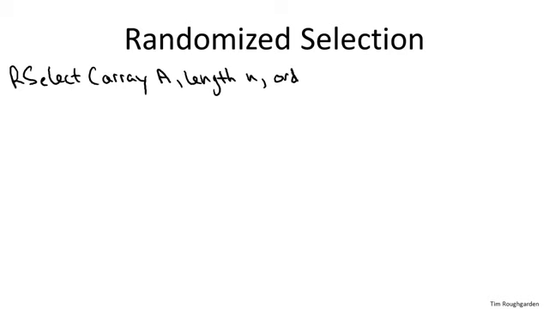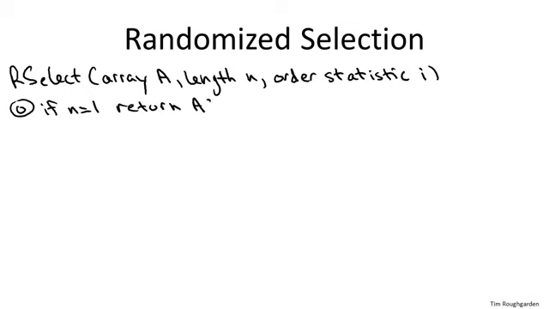And according to the problem definition, it takes as input, as usual, an array A of some length n, but then also the order statistic that we're looking for. So we're going to call that i. And of course, we assume that i is some integer between 1 and n inclusive. So for the base case, if the array has size 1, then the only element we could be looking for is the first order statistic, and we just return the sole element of the array.